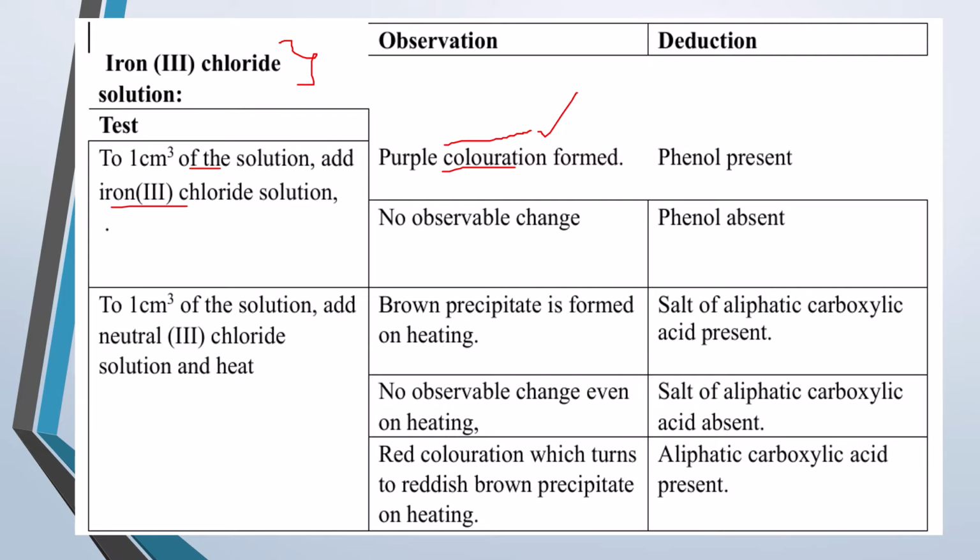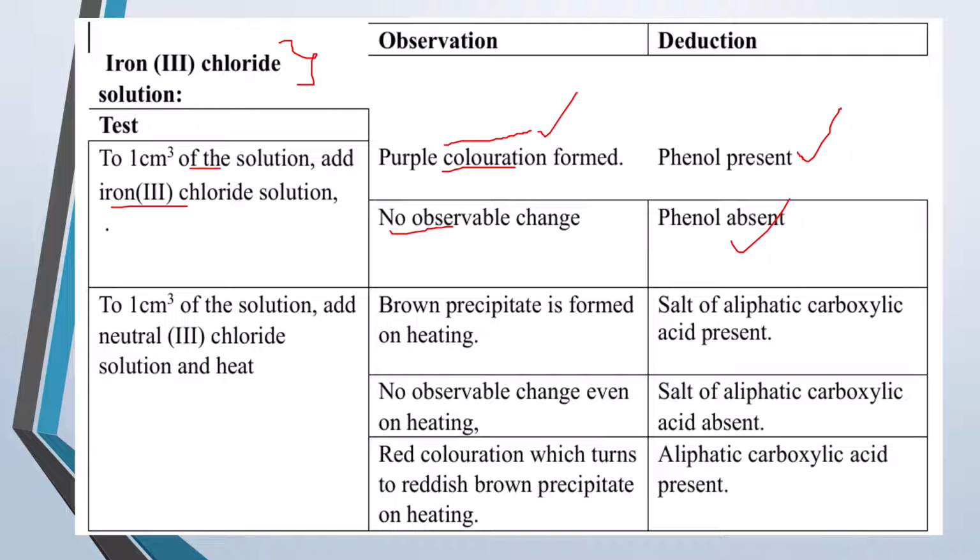And if I tell you to say purple coloration or a violet solution, then violet is not the same as purple. So you either say violet solution or you say a purple coloration formed. And that is going to confirm the presence of phenol. And if you don't see any observable changes, then we shall deduce that phenol is absent.